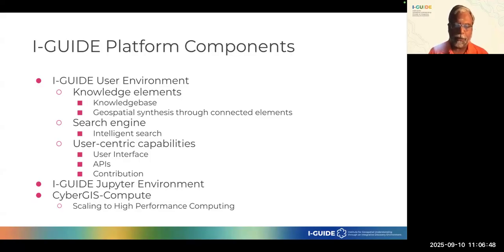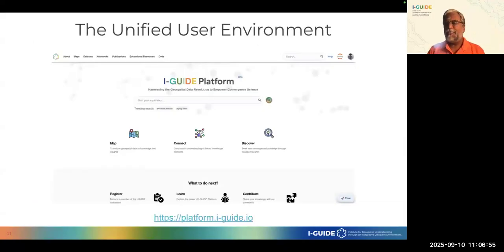We provide a search engine as well as a connection to a high-end computing infrastructure through a Jupyter environment. This is what the interface looks like, and we will do the hands-on portion as well. You can reach it at platform.i-guide.io.